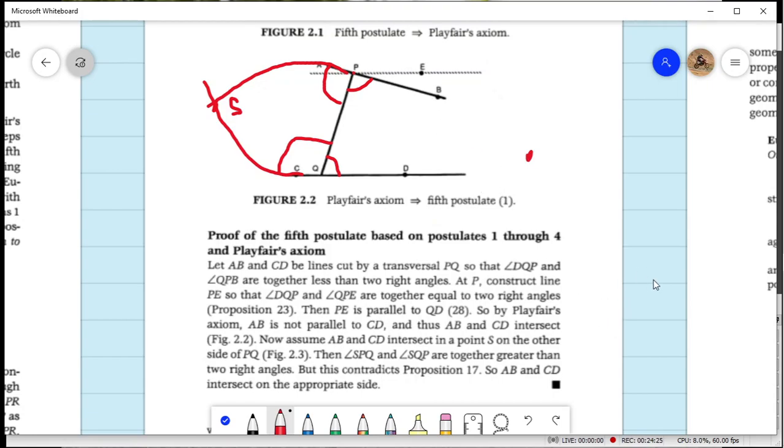Hence, it's proven that Playfair's axiom together with the first 4 postulates would lead to the 5th postulate. Hence, by this part, second and the earlier proof, we can say that Playfair's axiom is indeed equivalent to Euclid's 5th postulate.